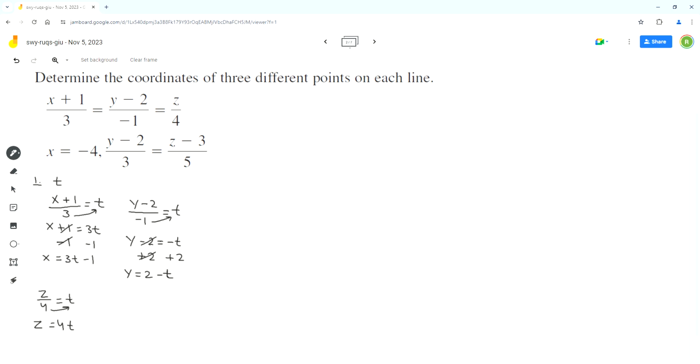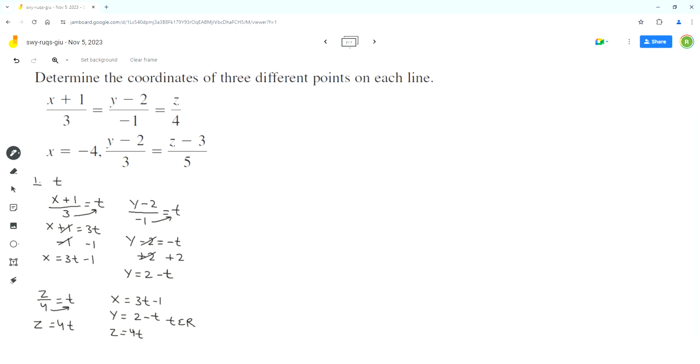So the parametric equations for this line are as shown. Now we can find the 3 points that lie on this line by using 3 different values of t.